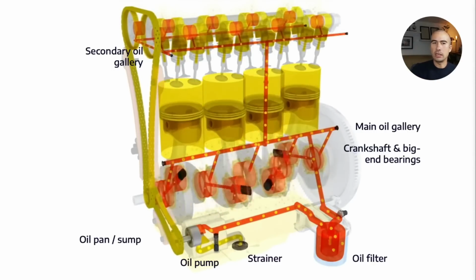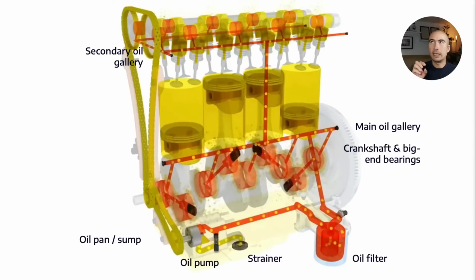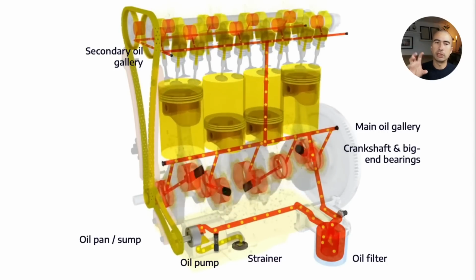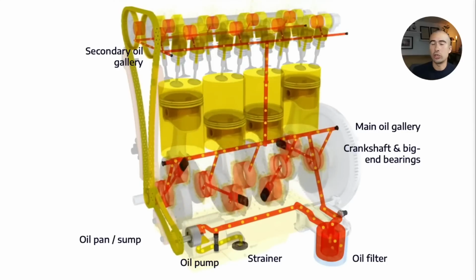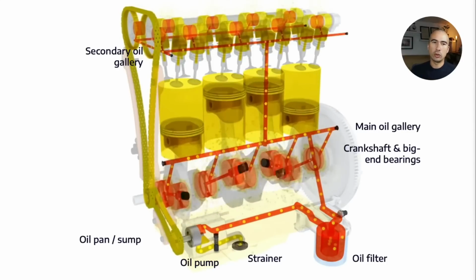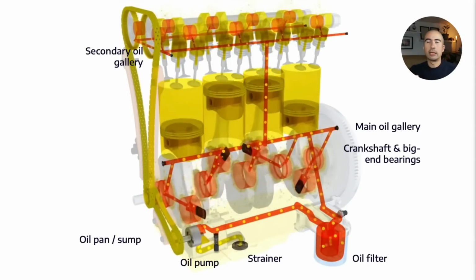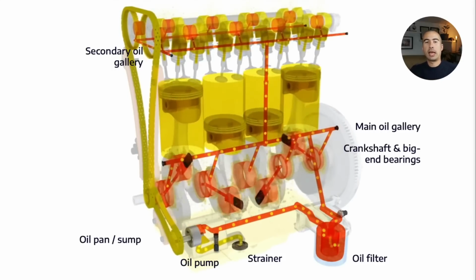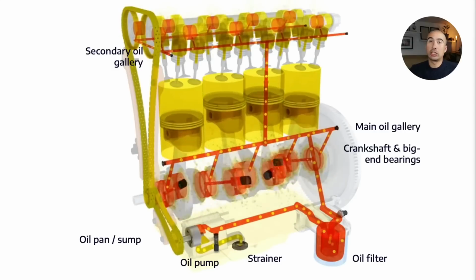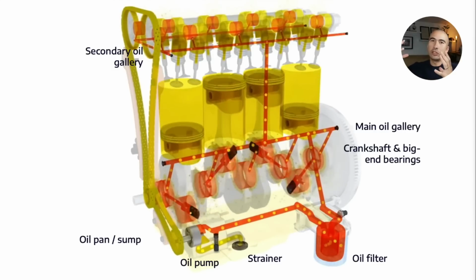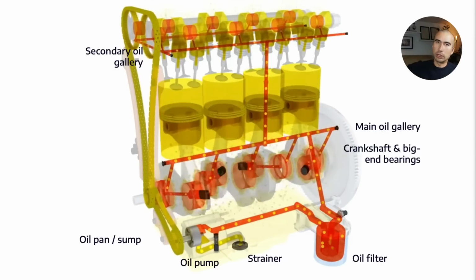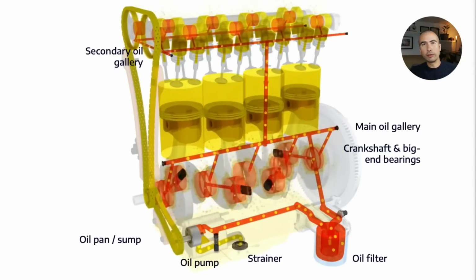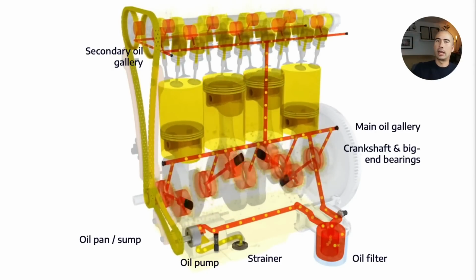Similarly with the cylinders and the pistons, in some engines you do have a spray that sprays the underside of the piston, but for the most part they are generally splash lubricated. The simple motion and churn of the crankshaft and the big end is going to splash enough lubricant that it gets up into the cylinders and is able to lubricate them as well as the pistons. So this is all of the major components of an engine oil system.